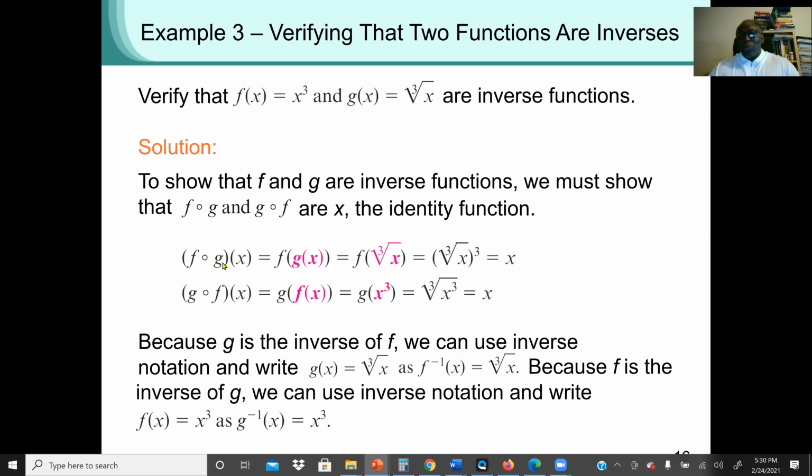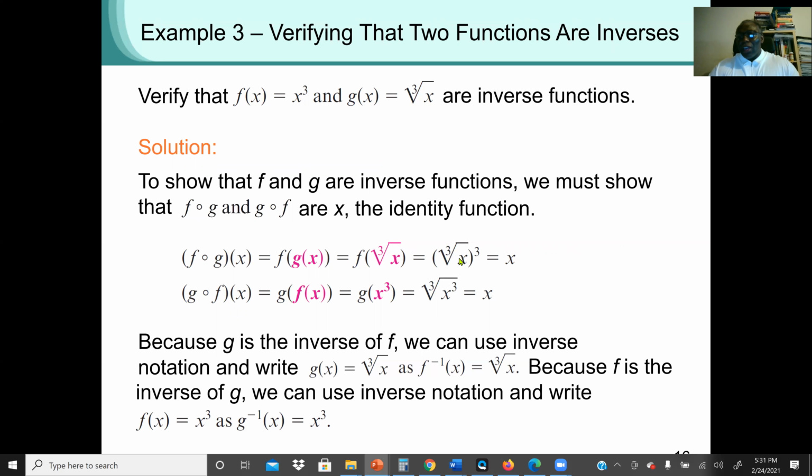We find f composite g at x, which will be f inside g at x. So anywhere we see x for f at x, we replace it with the g at x equation. So our function is only x cubed. So we are going to represent x cubed as the cube root of x, cubed.